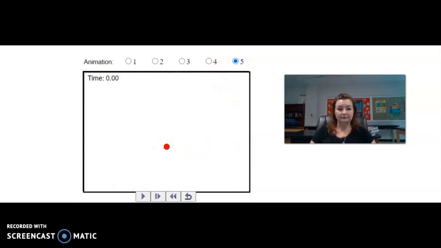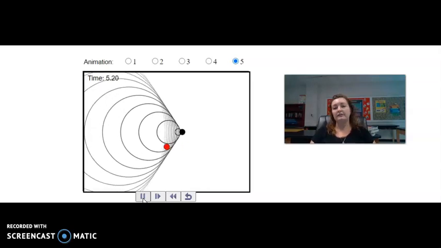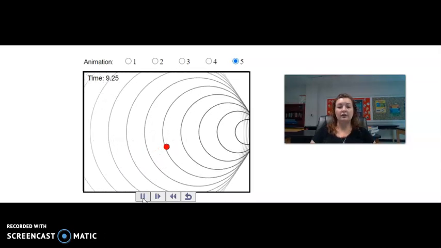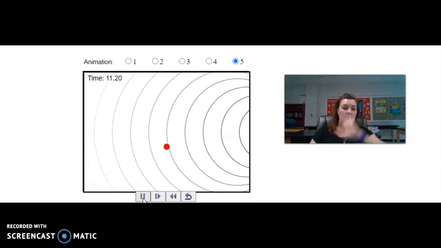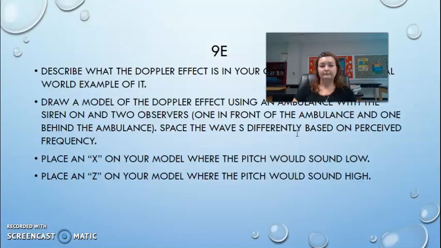And then we have our last one, and this one is just simulating it moving and trailing the sound behind it, but that's even further in depth. I just wanted to show you that the Doppler effect reaches farther beyond just the basics. So let's go back to our worksheet.